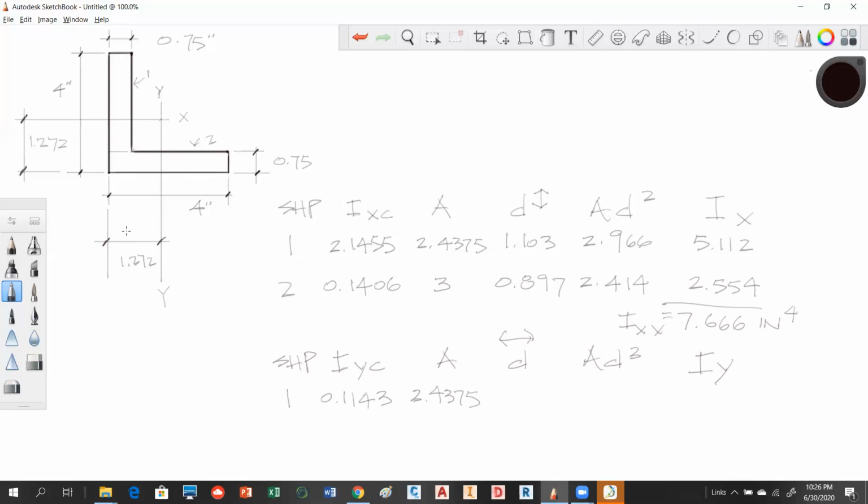So this 1.272 minus 1/2 of 3/4, and that's going to give us 0.897. We're going to square that, multiply by that, and we get 1.961. Okay, so we take and add these two together, and that gives us a grand total here of 2.076.